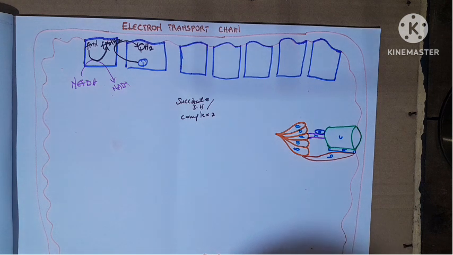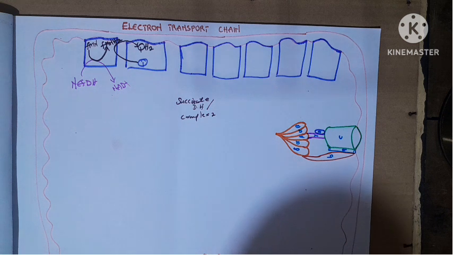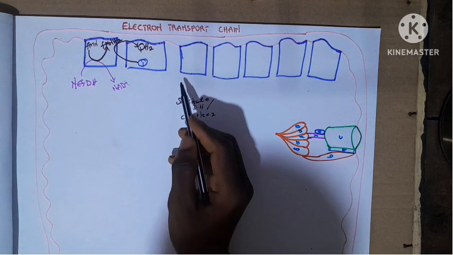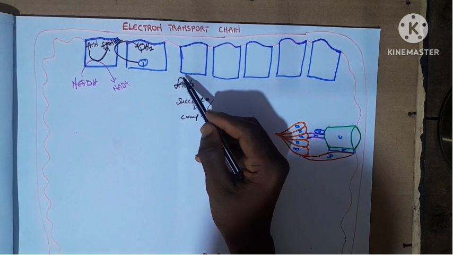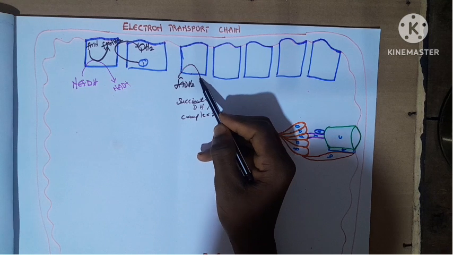FADH2 is going to drop off its electrons, and in order to do that, FADH2 is going to react with flavin mononucleotide.